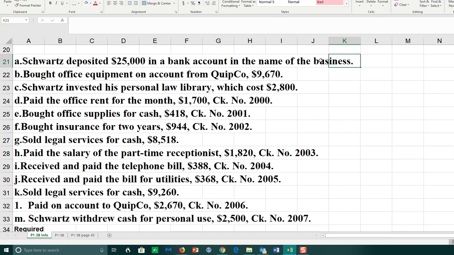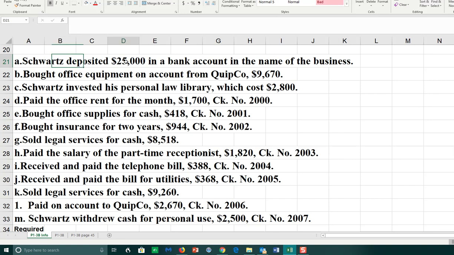So the business is the perspective that we are recording every transaction from, and so we ask ourselves, what happened for the business with regards to this transaction? The answer: the business received cash of $25,000, and that represents the investment by Schwartz, the owner, in the business.